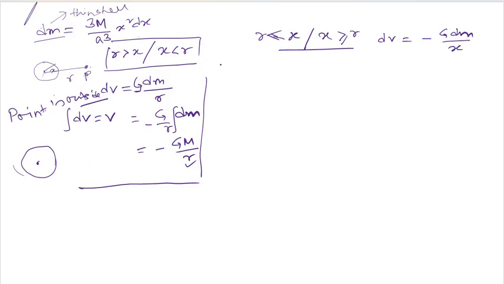Now come to the second scenario: the point lies inside the sphere. We are talking about a solid sphere here.